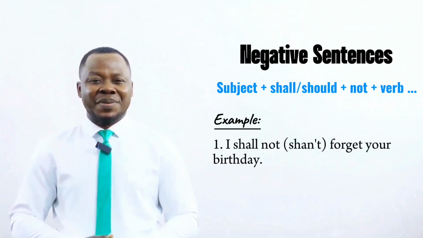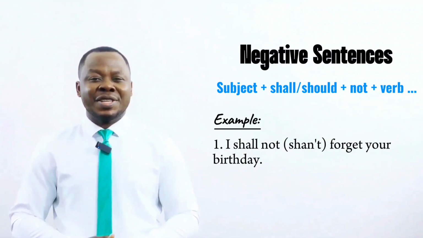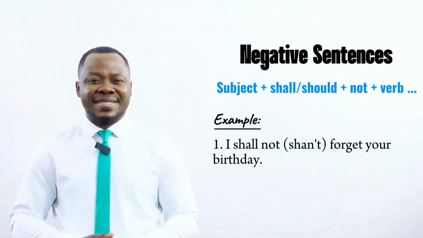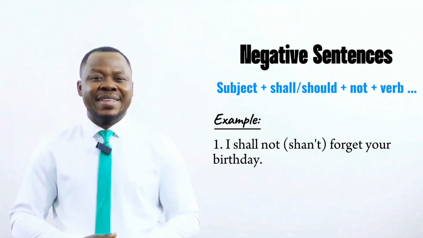For example, I shall not forget your birthday. Remember, shall not can be contracted into shan't. So I is the subject, followed by shall not or shan't. Then the verb forget before the rest of the sentence.